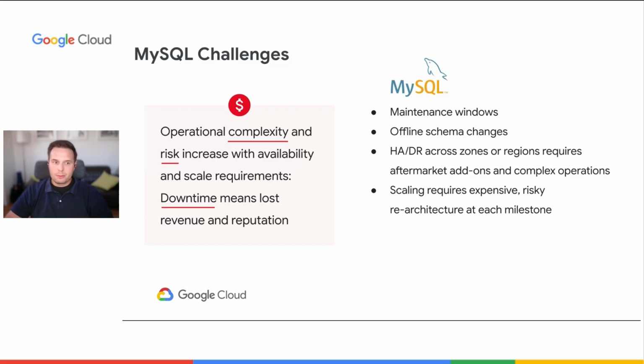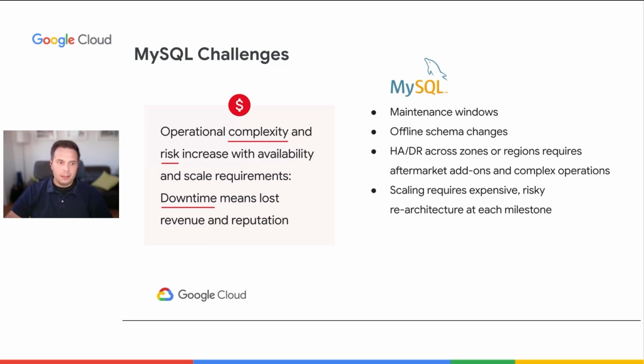So with these increased scaling and availability requirements come additional cost and risk that is often translated into the database administrators and application teams to support and to handle. For instance, maintenance windows or schema changes require downtime that you need to plan for.